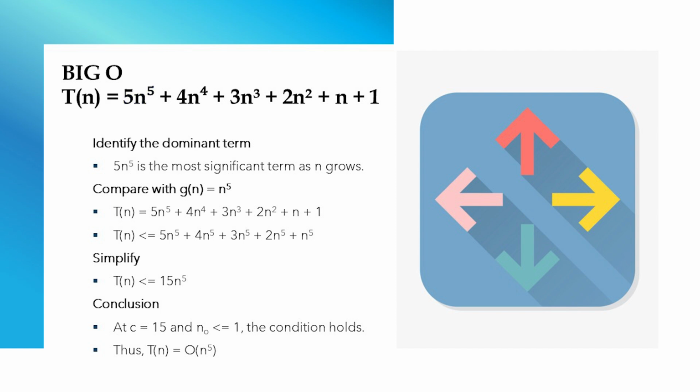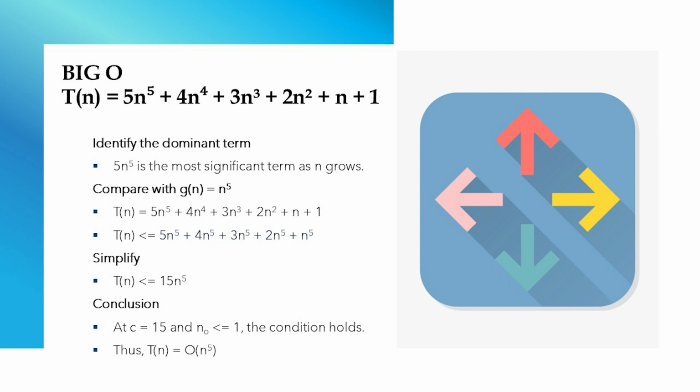So we can say that T(n), which is equal to 5n raised to power 5 plus 4n raised to power 4 plus 3n raised to power 3 plus 2n raised to power 2 plus n plus 1, is less than or equal to, when we now take the other terms and express them in the exponent of 5, 5n raised to power 5 plus 4n raised to power 5 plus 3n raised to power 5 plus 2n raised to power 5 plus n raised to power 5.